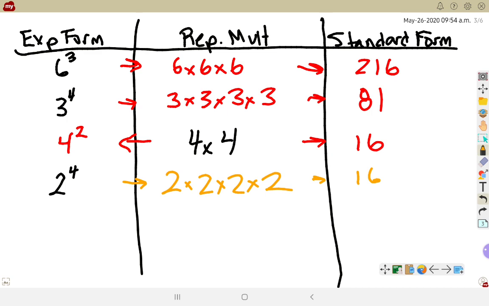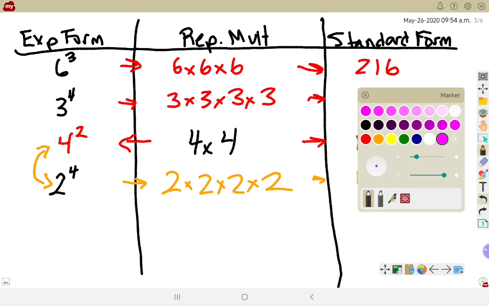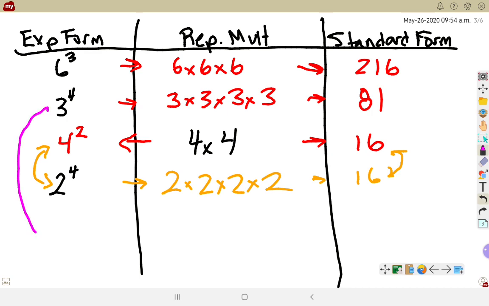When I did this in class, someone noted, hey, wait, when I switched the base and the exponent, I ended up getting the same standard form. This is actually one of very, very few cases where that works. Let's take a look at this one here. What if I switch 3 exponent 4 and write it as 4 exponent 3?